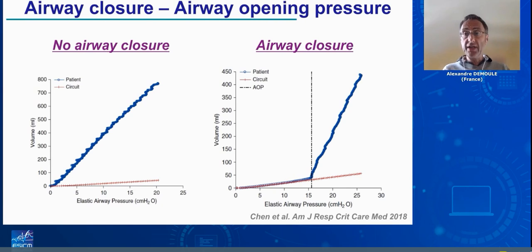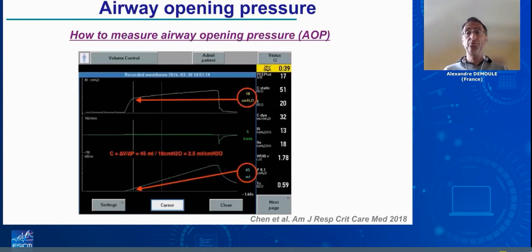So it is really essential to search for this pressure. You can search for airway closure and measure airway opening pressure at bedside in your patients. It's quite easy. You just decrease the respiratory rate a lot, to 5 per minute.